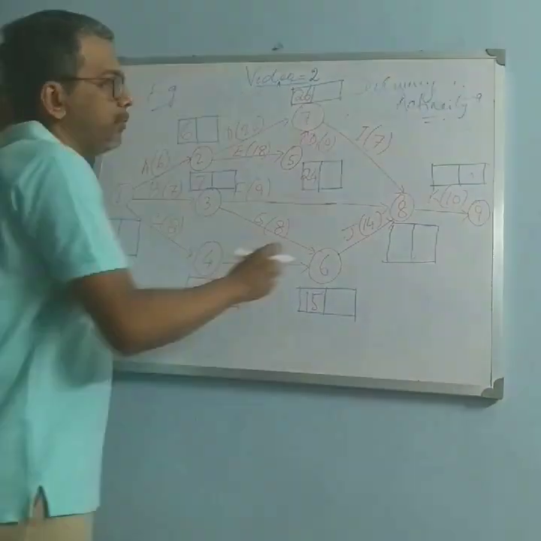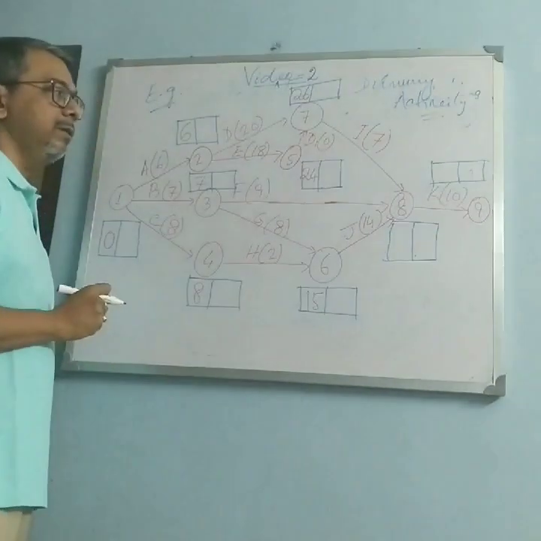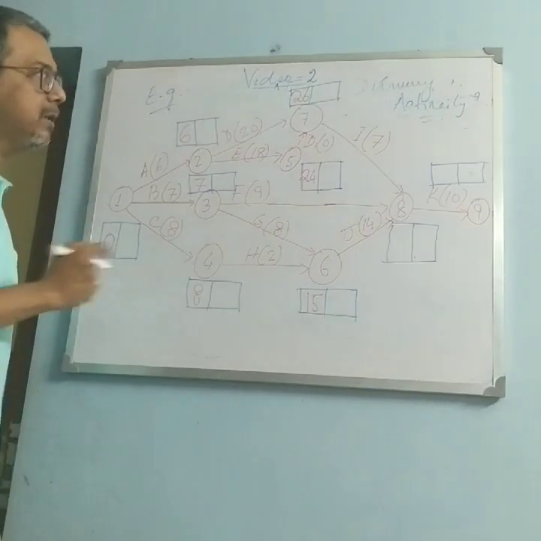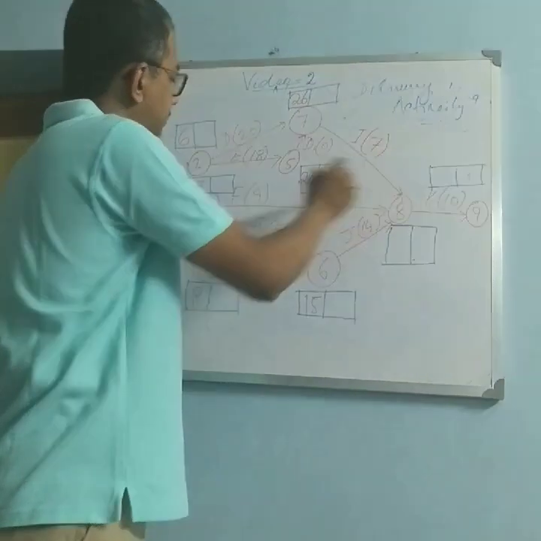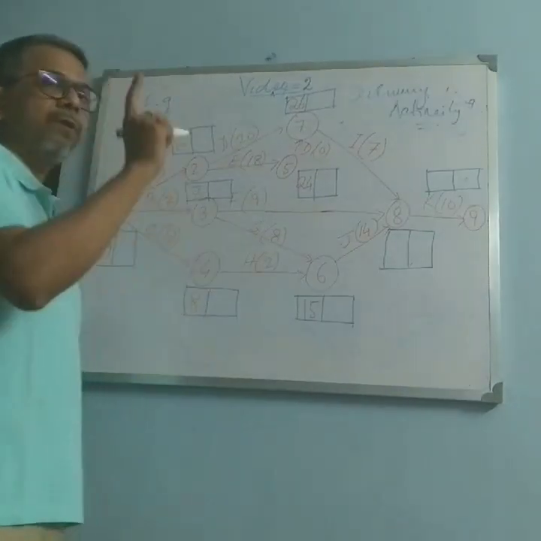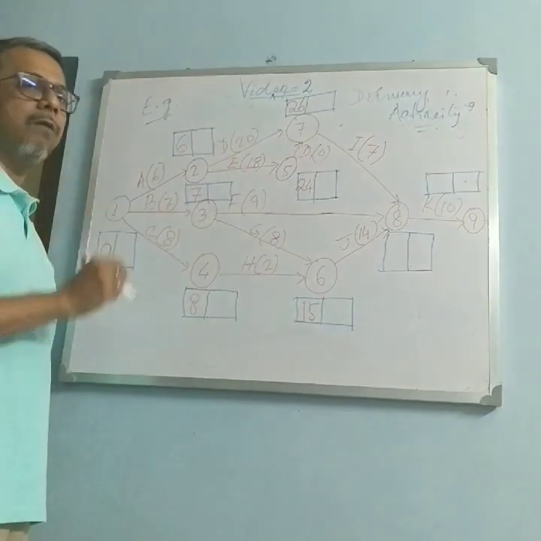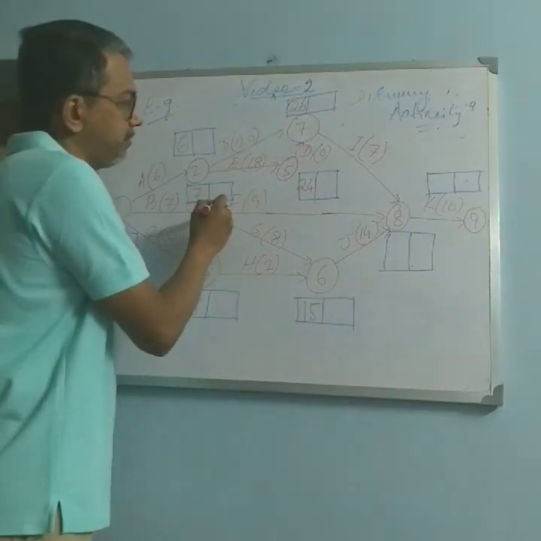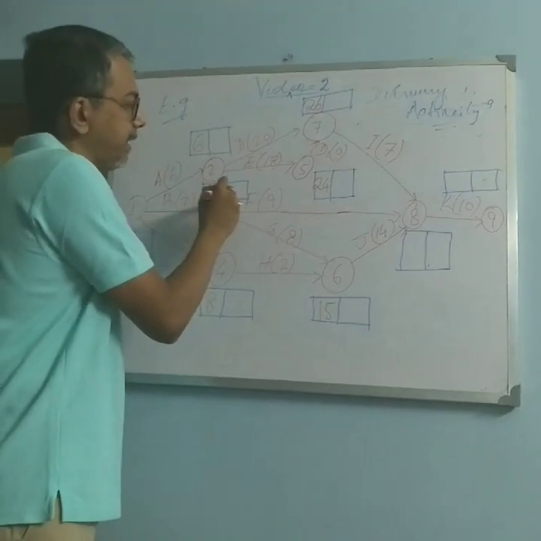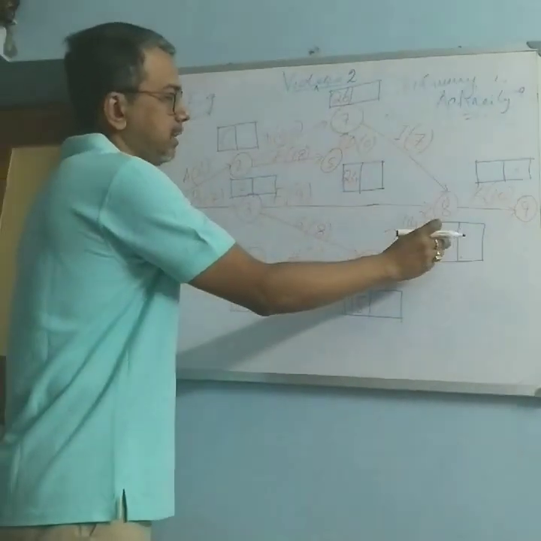Now let's come to 8. In 8 there are 3 arrowheads. One is coming from 7, another is coming from 3, another is coming from 6. So we have to calculate 3 of them. So let us start with 3. That is coming from the node 3. So 7 plus 9, 16.